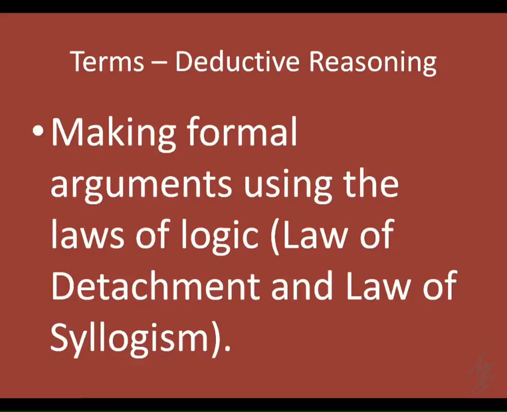So deductive reasoning is making formal arguments using the laws of logic. And in our case, the two laws of logic that we know how to use now are the law of detachment and the law of syllogism. There are many more laws and theorems in logic. These are the two that we're going to stick with.